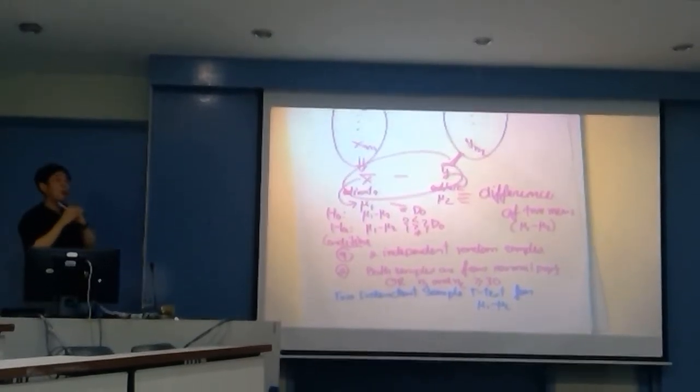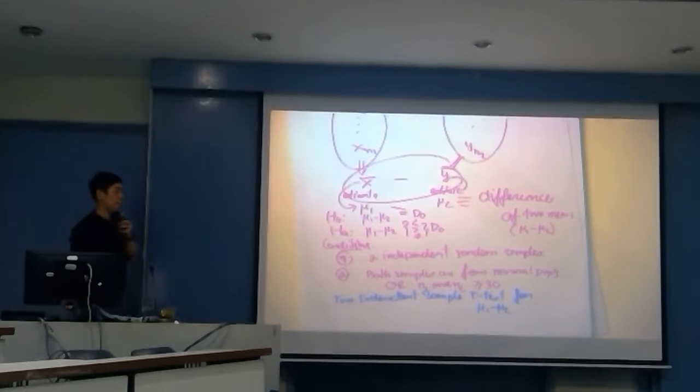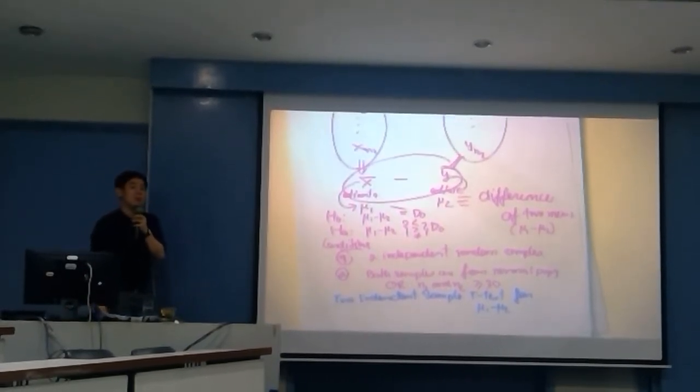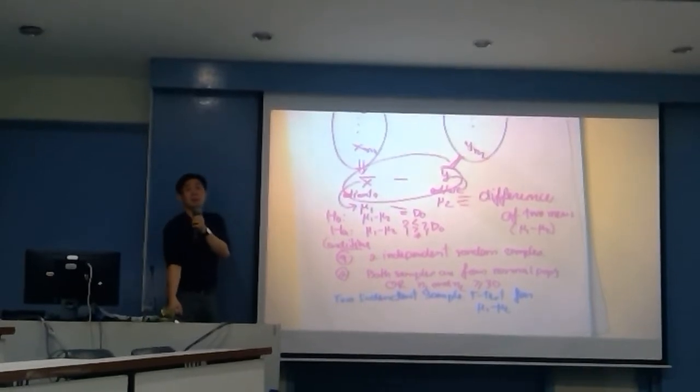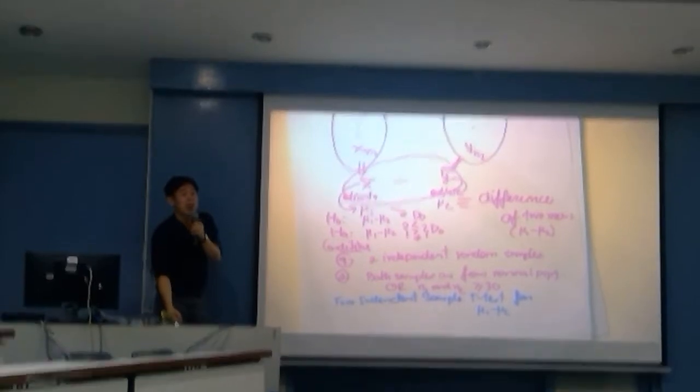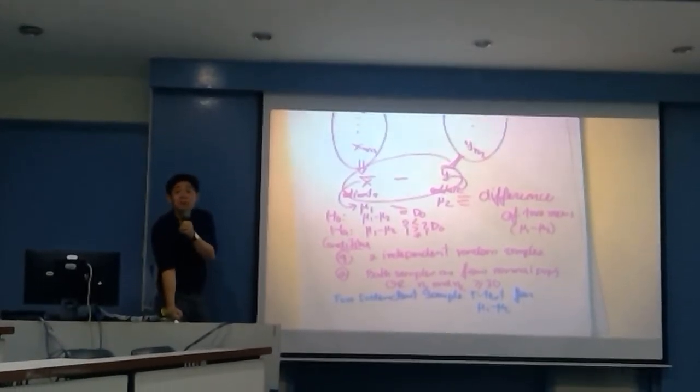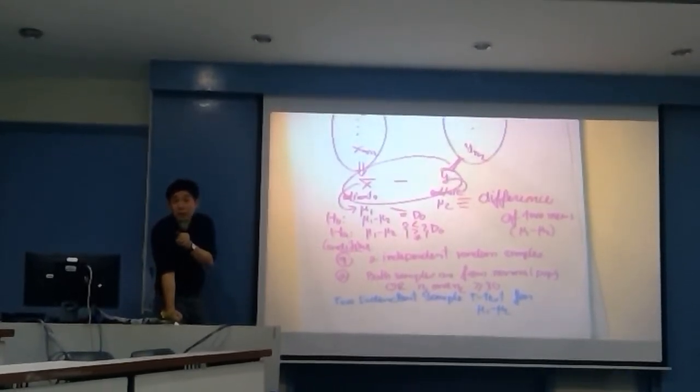Sometimes they call it the 2-sample t-test for short. So today we have learned 2 new tests: the one for the mean of differences, and now the independent sample t-test for the difference of 2 means.